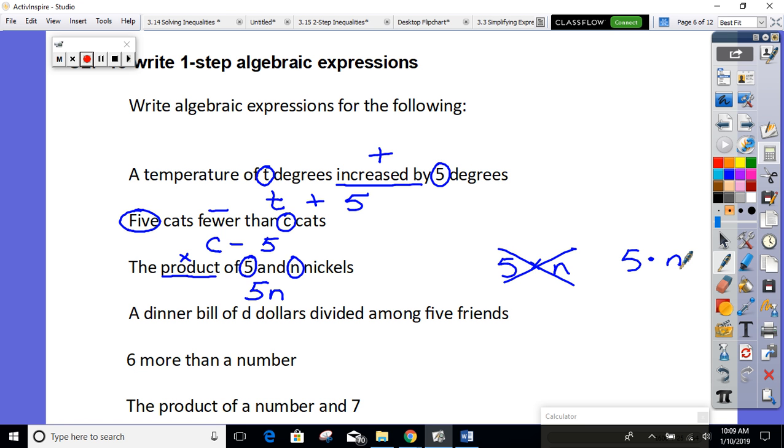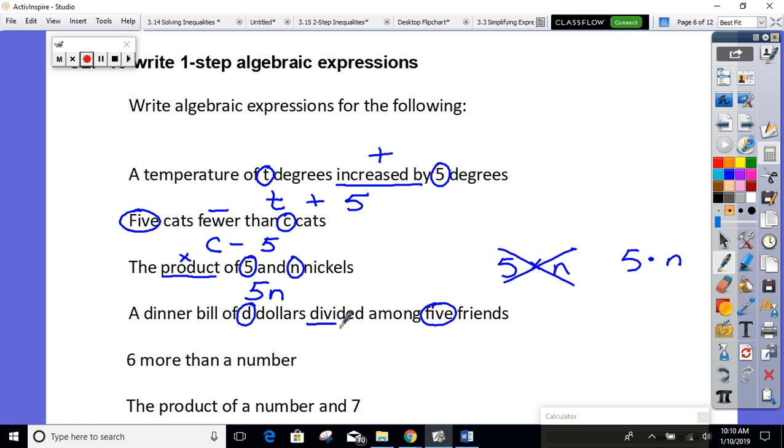Okay, the next problem, we have a dinner bill of D dollars divided among 5 friends. What word up there tells us what operation we might do? Do you see some words in the sentence that tell us what operation we would do? Divided.